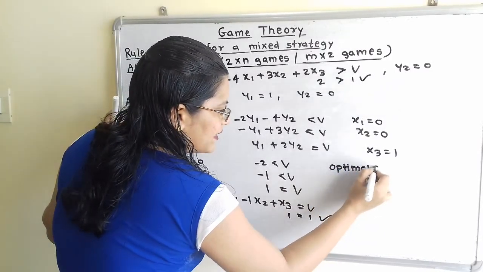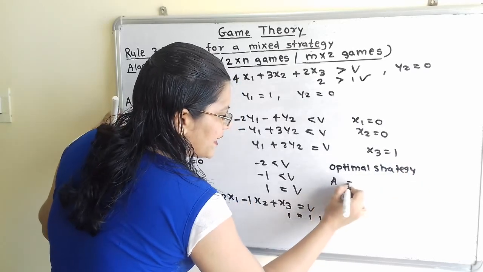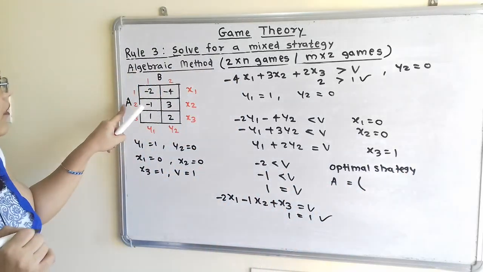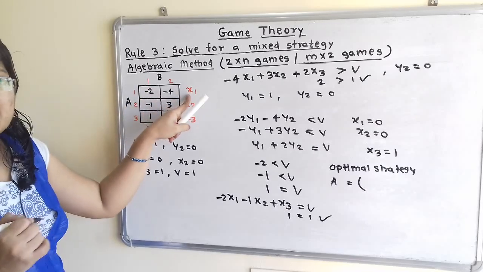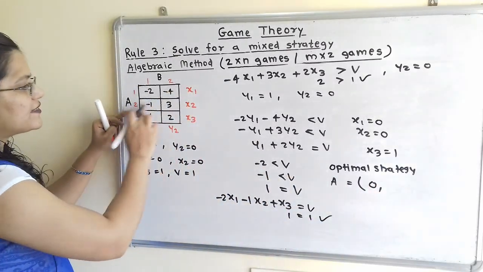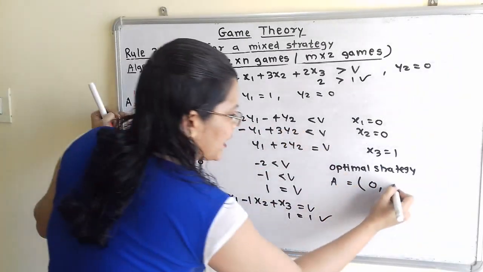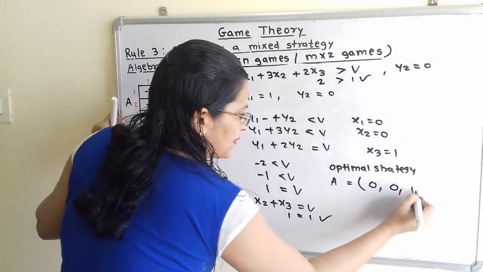The optimal strategy for A, I will write in the bracket. Now A should use strategy 1, that is for x1 0 times. A should use strategy 2 for x2, that is 0 times. And A should use strategy 3 for x3, that is 1 time.